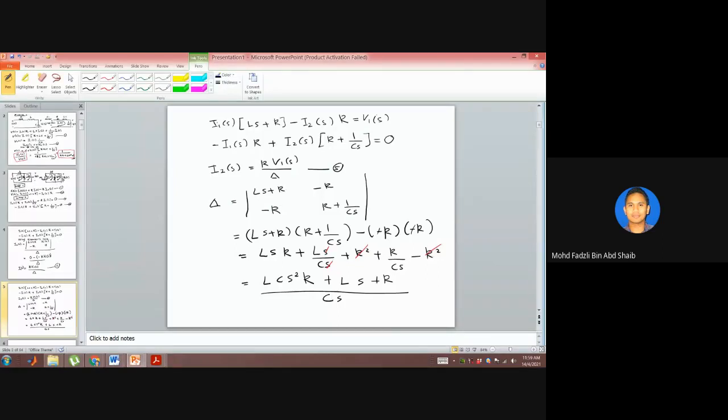This is the determinant. So this is equation number 6. We need to substitute equation number 6 into the equation number 5, right?